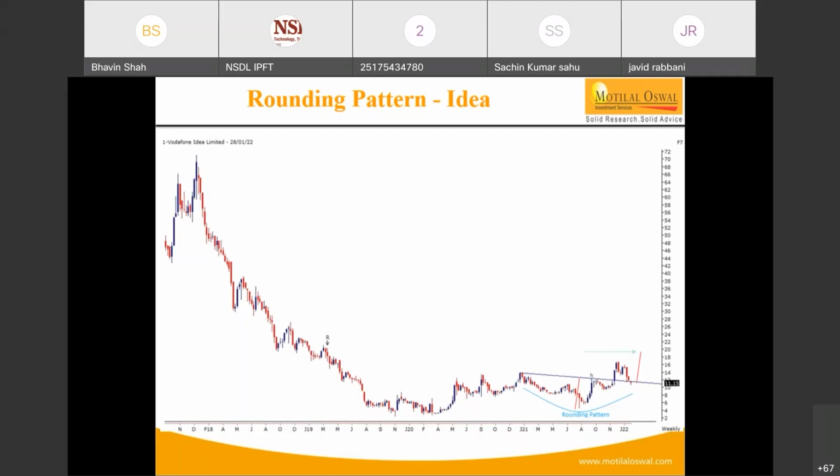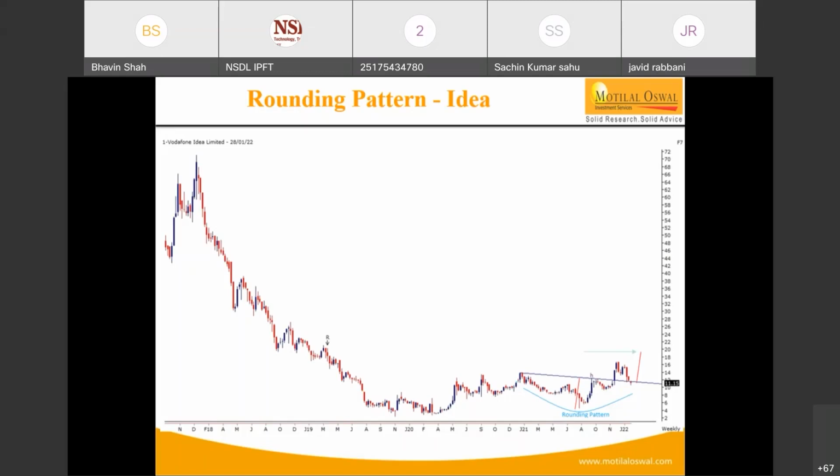This is a weekly rounding pattern, which gave a breakout after 11 months of consolidative phase, around the 11 odd zone, and moved higher. This pattern still holds because we are trading at the breakout level again. So this is a retest of the breakout level of 11, and we may expect the stock to do well and inch higher towards the 18 to 19 level.